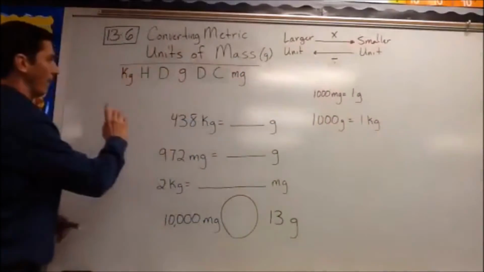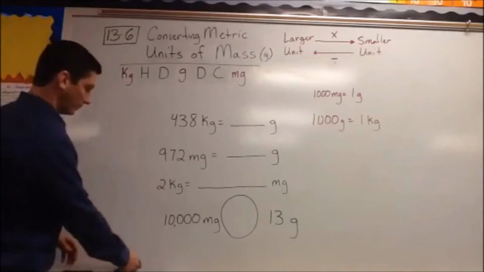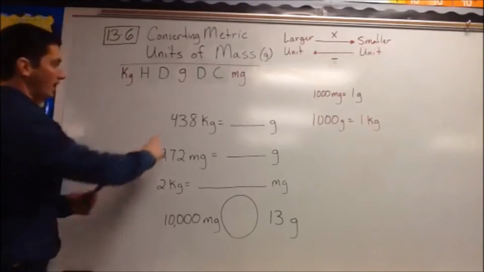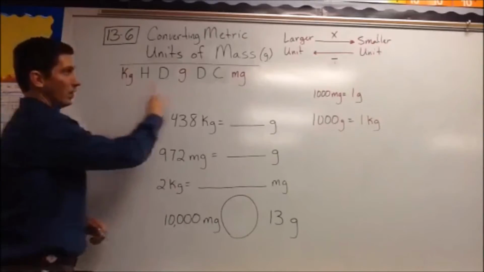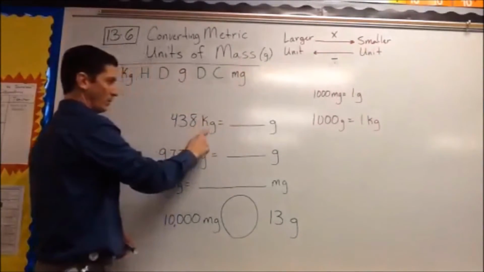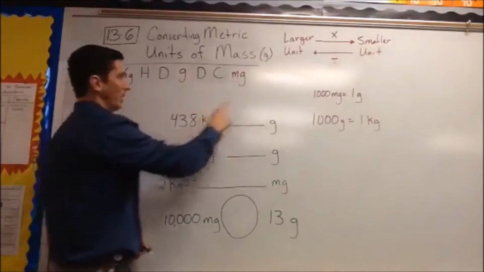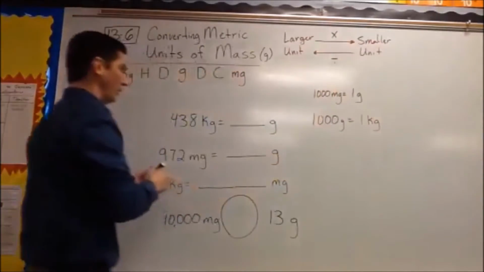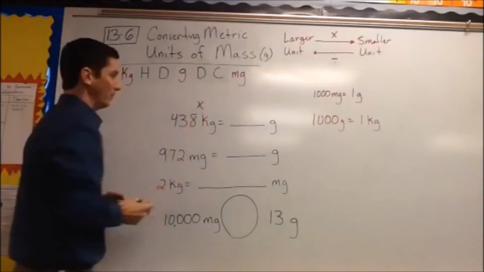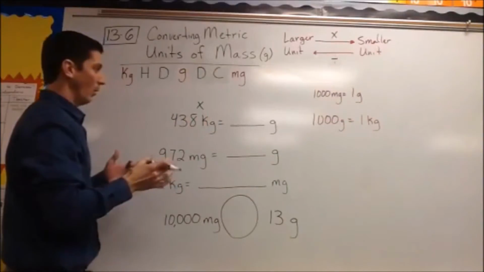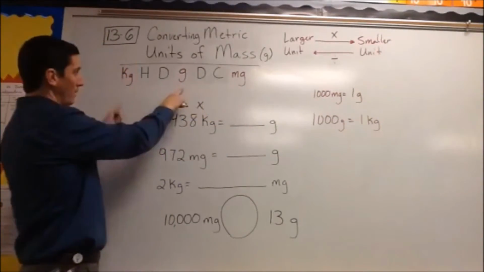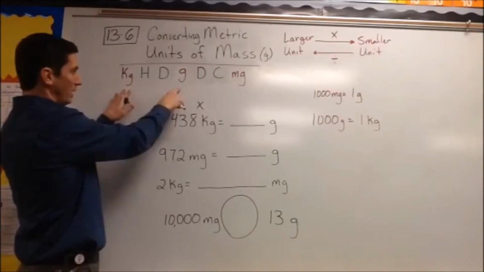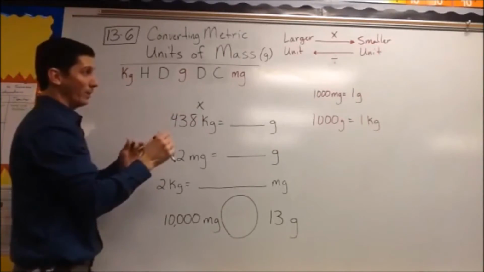Let's look at a couple examples. If I have 438 kilograms, that's way over here. It's a larger unit; remember, it's about the unit, not the number. Larger unit to a smaller unit, we're going to multiply. So right off the bat, I'm going to write down multiply. What do I multiply by? Going from kilo to gram, that's 1, 2, 3, so that's 1,000.